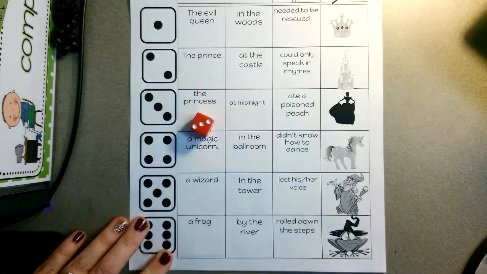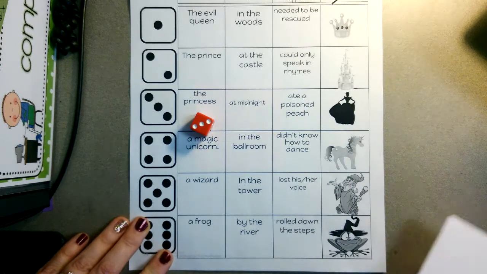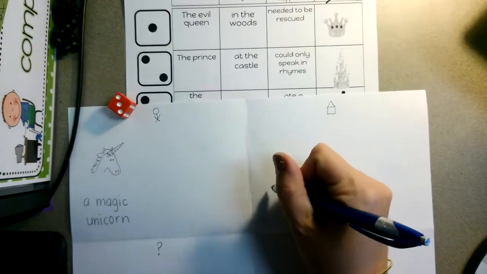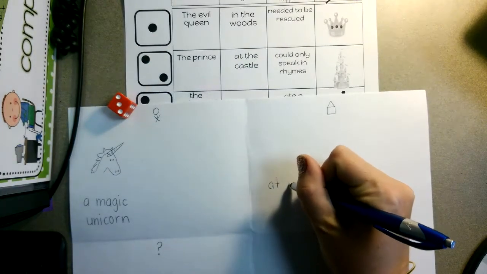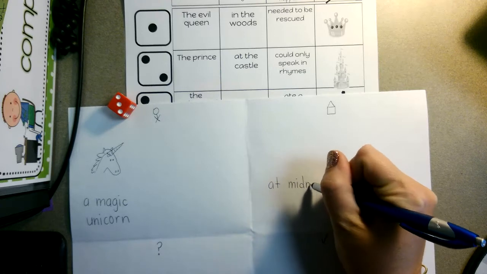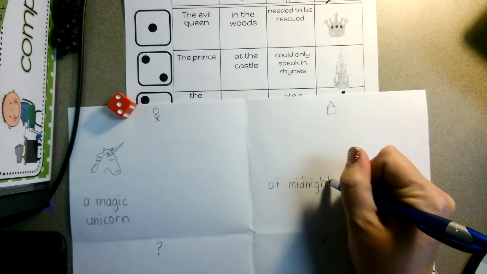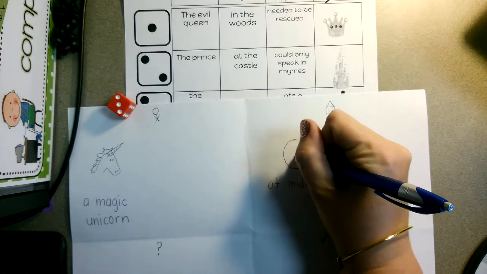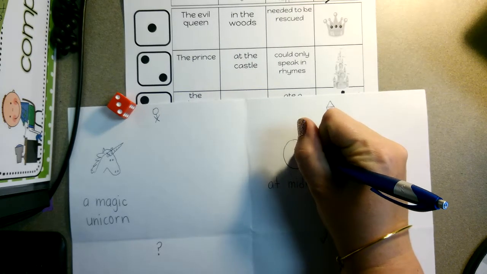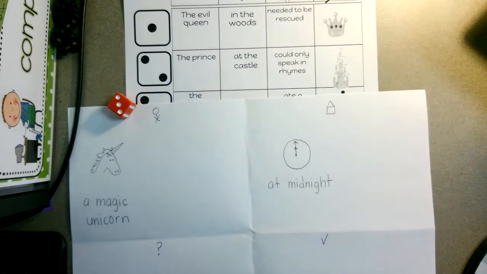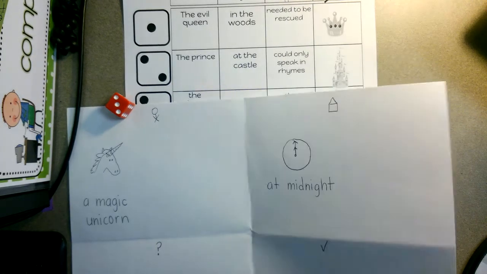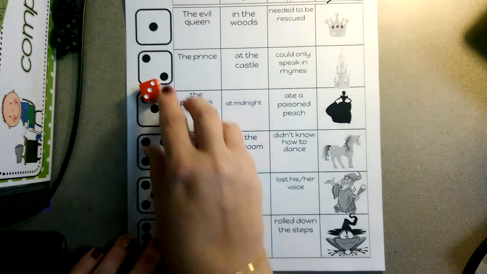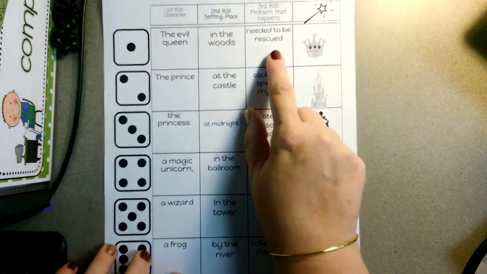Now that tells me when, so it sounds like Miss Davis might get to pick where my story is taking place, but for now I'll remind myself at midnight is when my story is taking place. Ooh, remember the clock? Tick-tock goes the clock. Both hands pointing straight up at midnight.